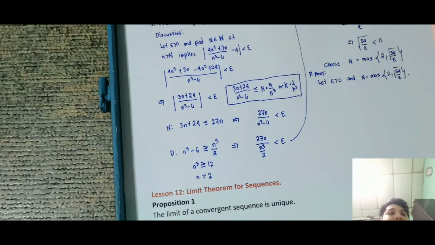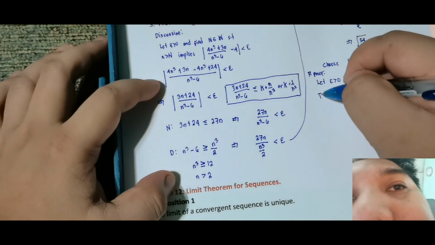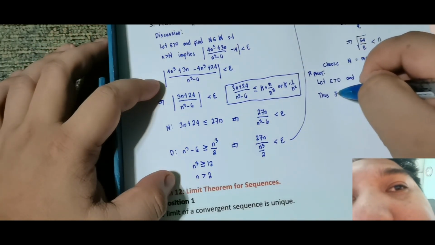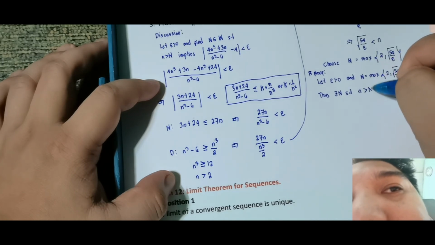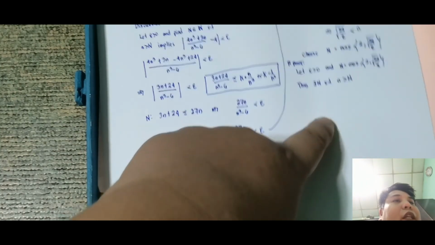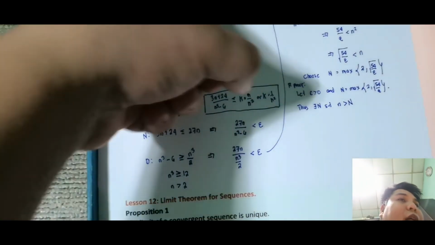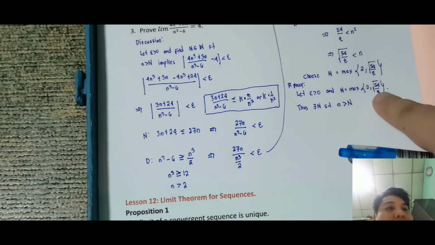So, ngayon, anong gagawin? Thus, there exists N such that n is greater than N. So, hinahanap natin yung implies. So, syempre, ang pipiliin natin na N dyan is ito. Ito kasi yung babalik talaga mula sa umpisa.